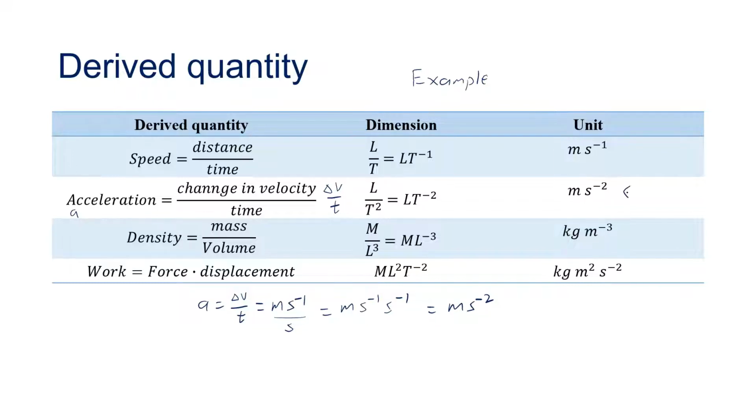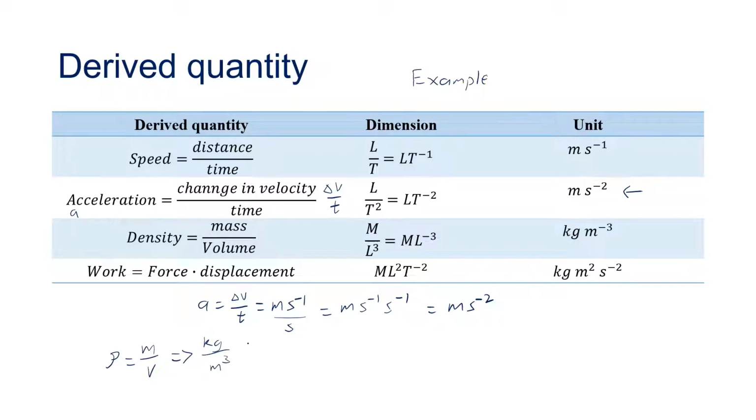So we get this unit, and density is usually written with the symbol rho, equal to mass over volume. And in terms of the unit, we know mass is kg and volume is meter cubed.